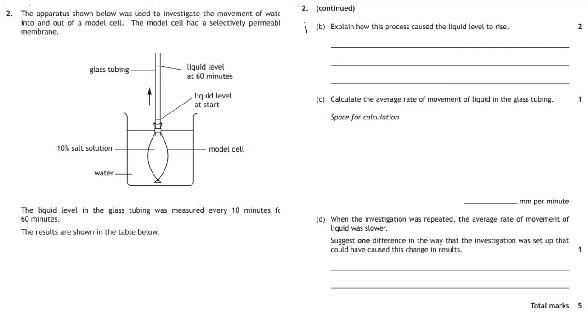So look at this, B. It says explain how this process caused the liquid level to rise. Now, the first thing that I said that we would do is decide where's the high, where's the low. So water's got the high, the low's inside, which means water moves in. So by drawing on this picture, we've answered this question. What do we say? Water moves from a higher water concentration.